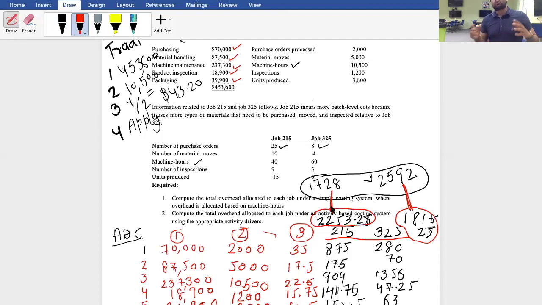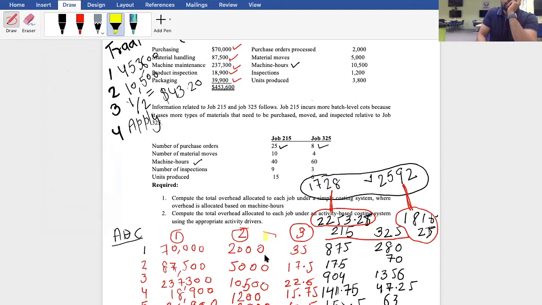Now the question is why there is a difference between the cost allocation for these two different products. Of course, the reason is the predetermined overhead rates. So you can see that, let me show you here.